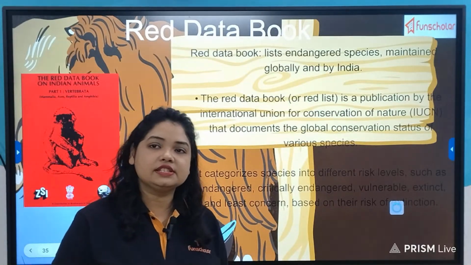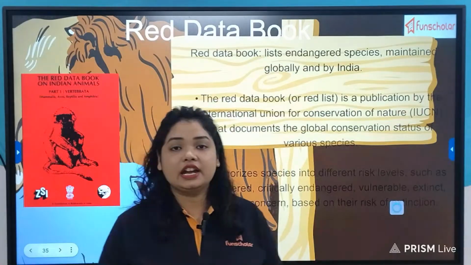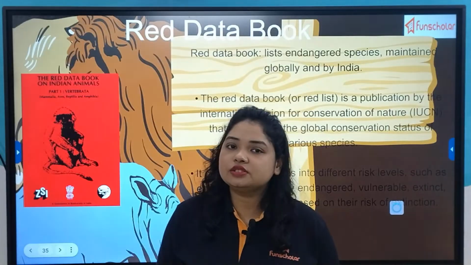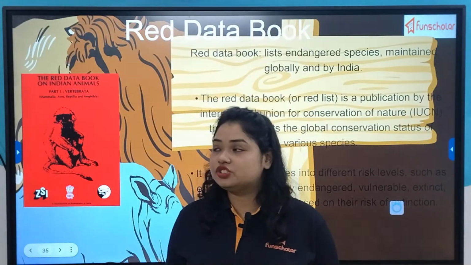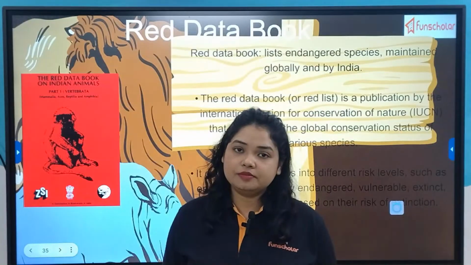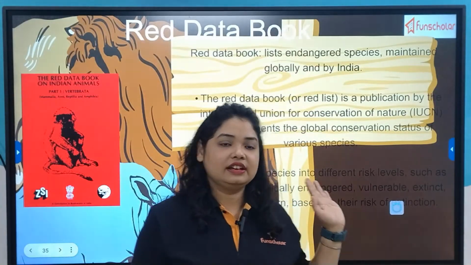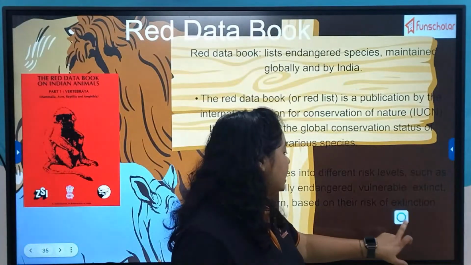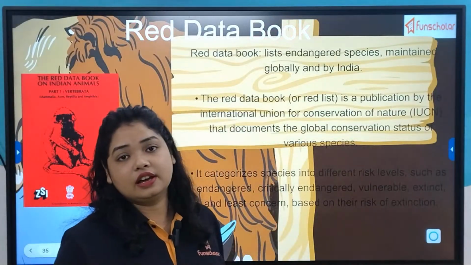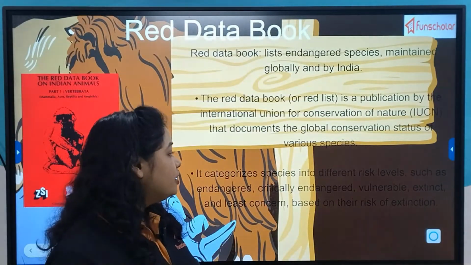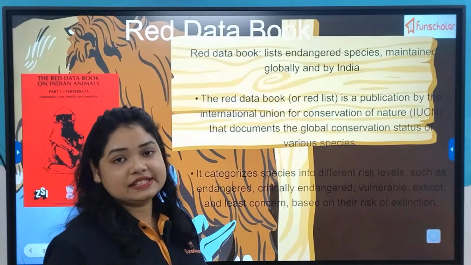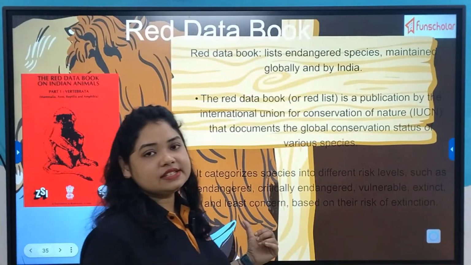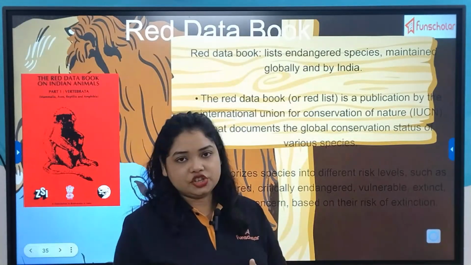But apart from this, every country also has its own red data book. Red is the color of danger in this case. So the species which face the danger of extinction, those species names are enlisted in this red data book. Now, according to the danger level faced by the species for extinction, different categories have been assigned. For example, endangered, I already told you, that means this is the level before extinction.